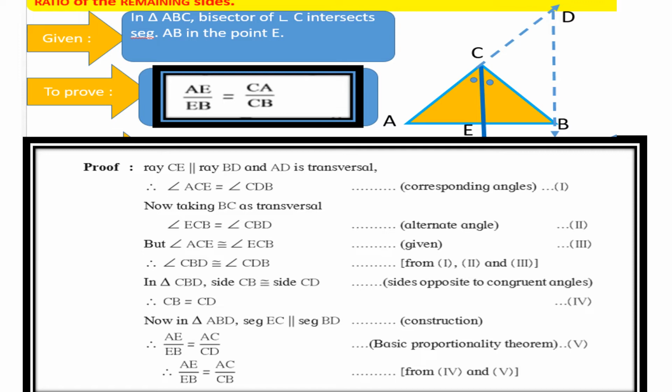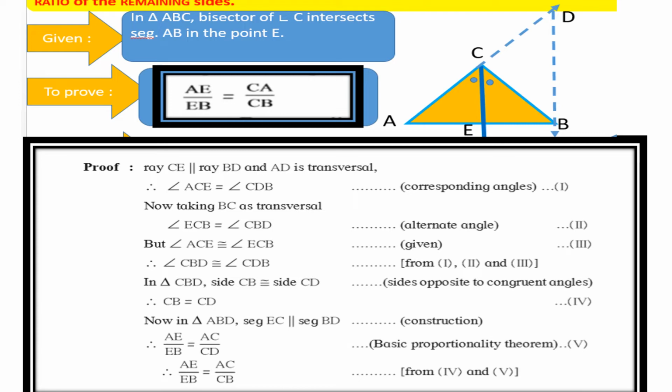They are alternate angles. We already know from our given that angle ACE is congruent to angle ECB, because CE is an angle bisector. So from equations 1, 2 and 3 we'll get angle CBD congruent to angle CDB, and if we have proved this, we have proved CB equals CD.